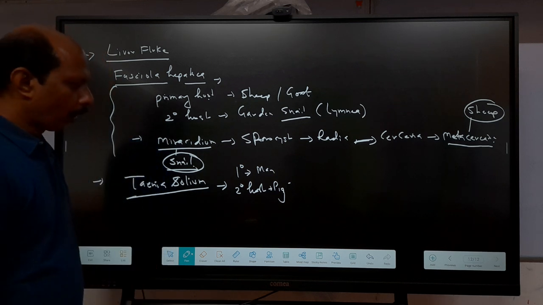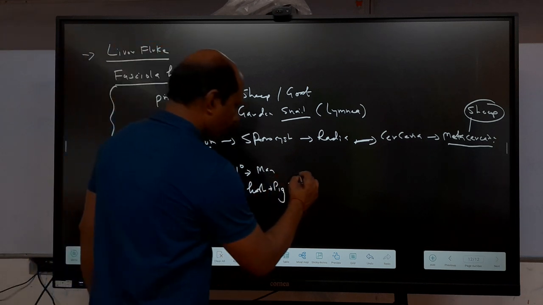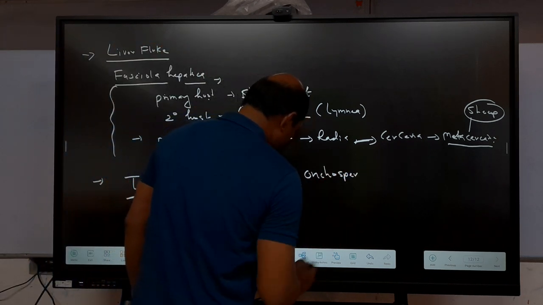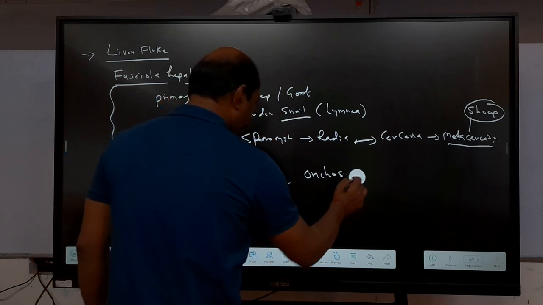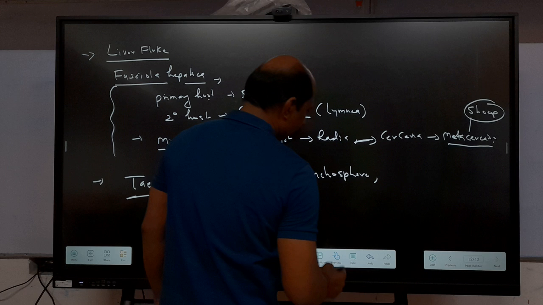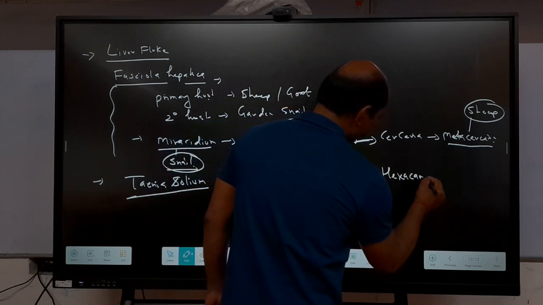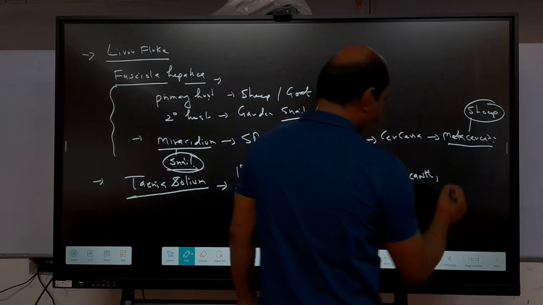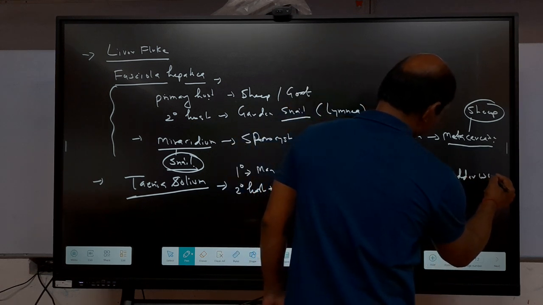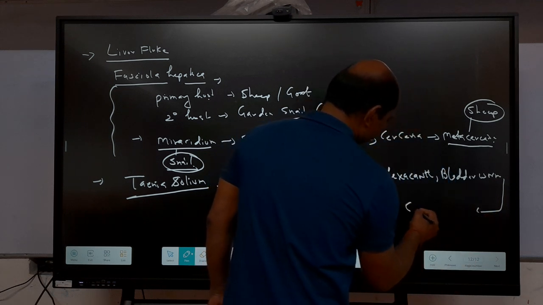The first one is Onchosphere. The second one is hexacanth, because it has 6 hooks. Then we have bladder worm, and the last one is Cysticercus.